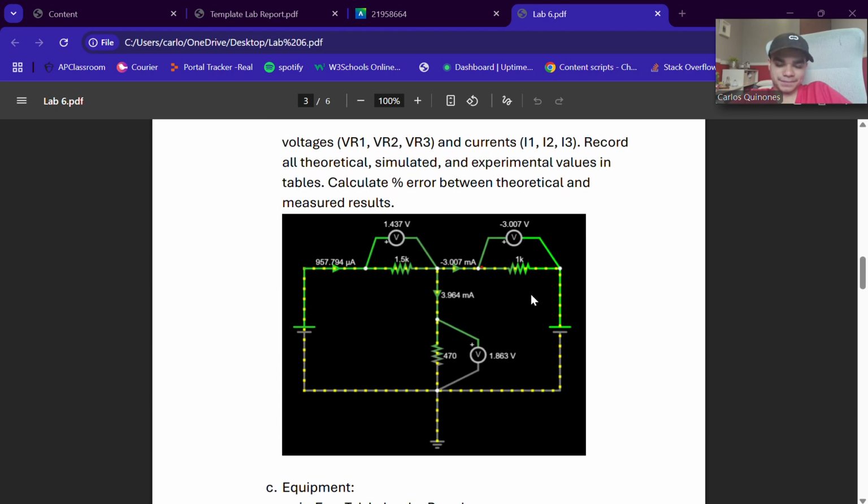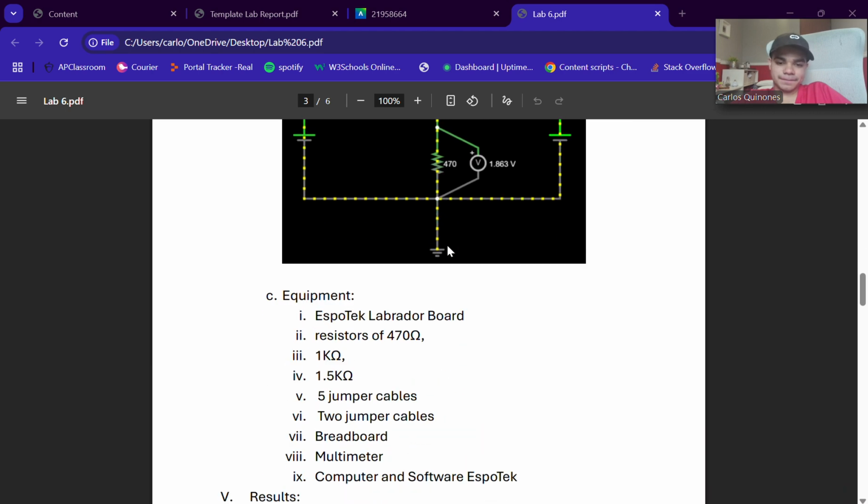This is an example of how the circuit looked in the Falstad simulator. As you can see, it simulated the voltage at each node, the current passing through each resistor, and every resistor value.